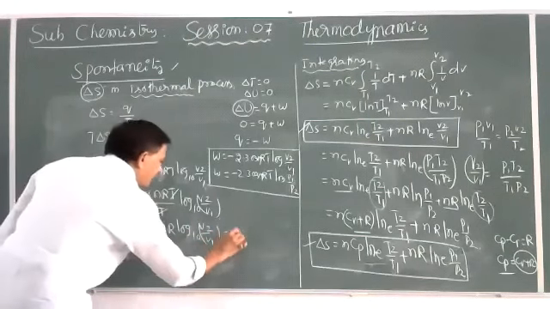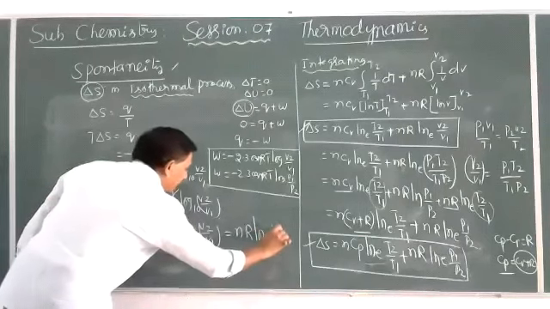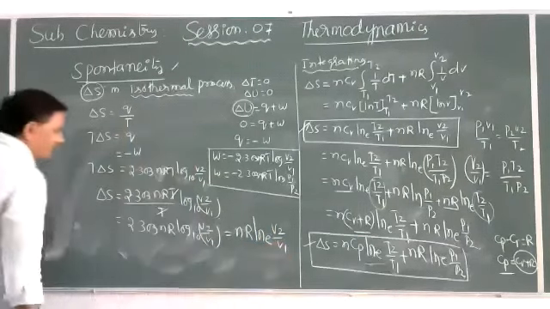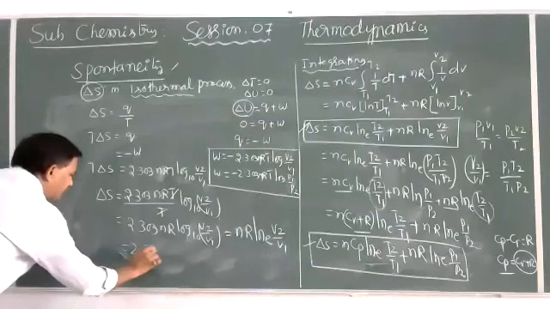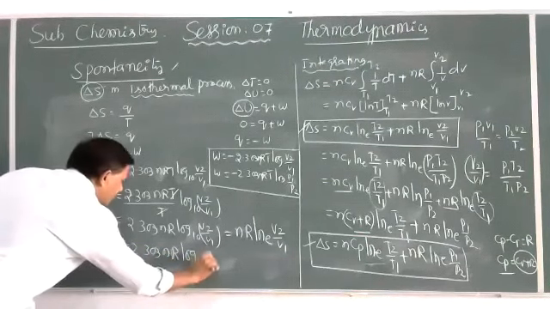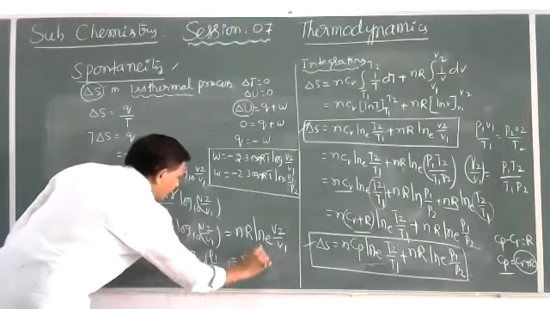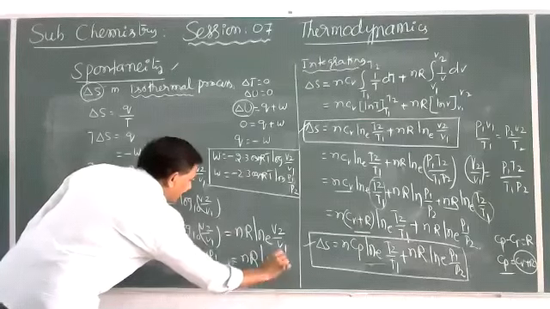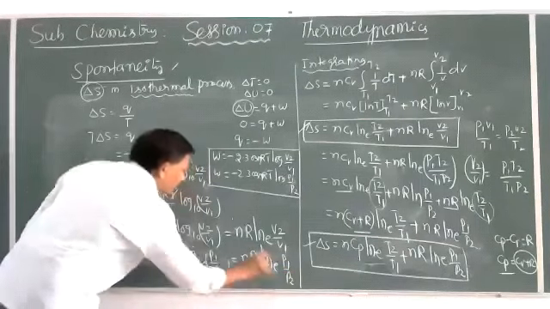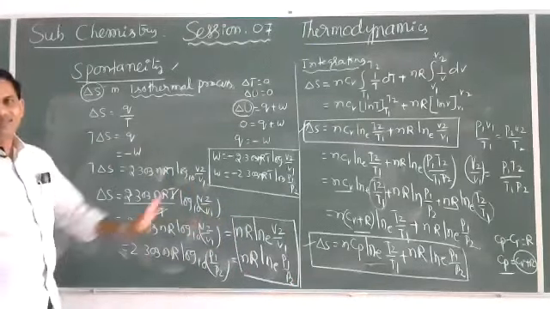We can also write this simply as nR log base e V2 by V1, or 2.303 nR log base 10 P1 by P2, which is nR log base e P1 by P2. This is very, very important, and it has already been given in the NEET examination as a derivation.